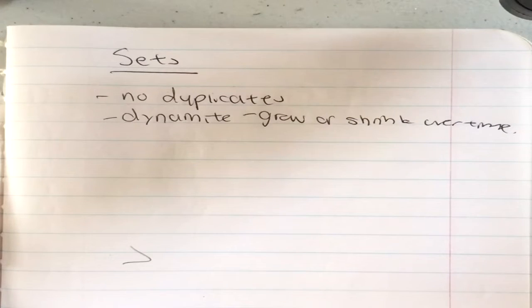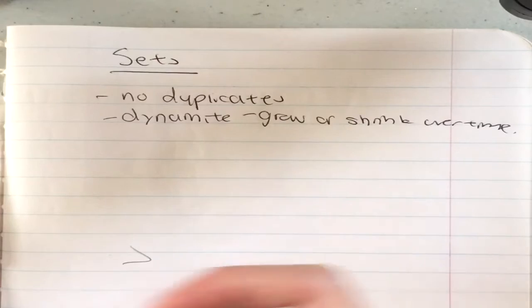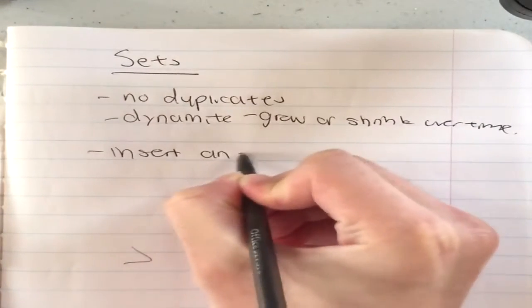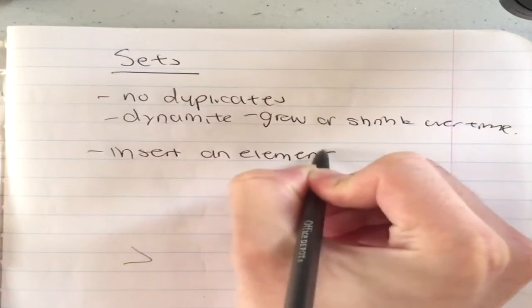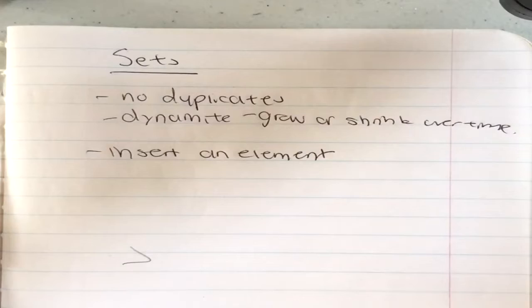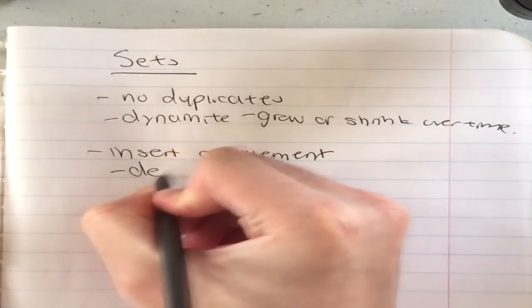It depends on the type of algorithm that allows us to do things. Typically, there are three simplest things you need to know for sets. One is the ability to insert an element. The second is the ability to delete an element.